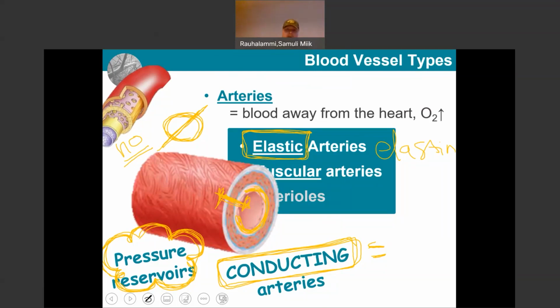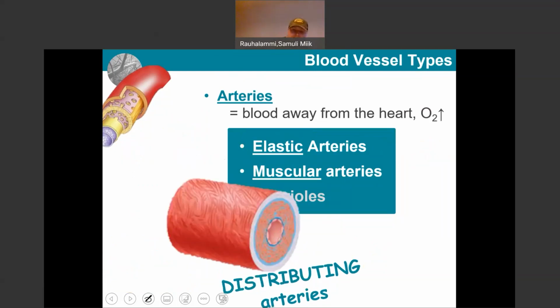Well, the next type of arteries that I wanted to discuss is going to be our muscular arteries. So these are located, if we follow the path of blood vessels starting from the heart, a little further than the elastic arteries. And in fact, most of the arteries are classified as muscular arteries.